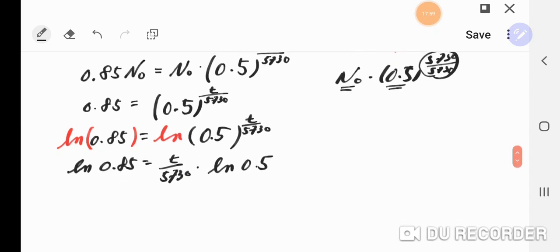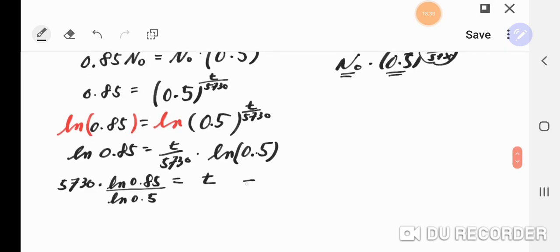From this, we can multiply both sides by the denominator 5,730 so that we can cancel out the denominator, and also divide each side by ln 0.5 so that we can remove this ln 0.5 from the right-hand side. Using the calculator, this will give us the t value approximately equal to 1,340.